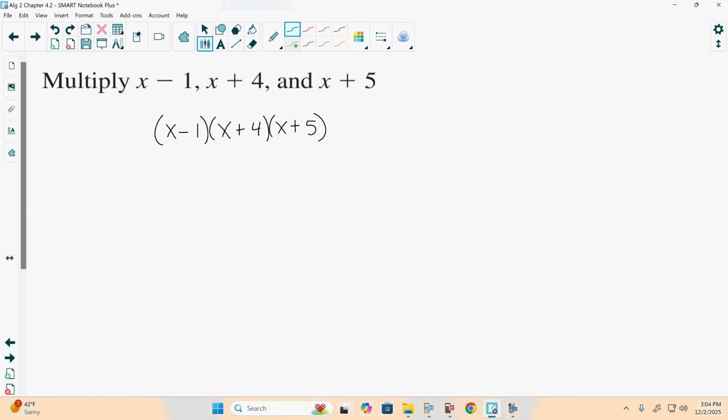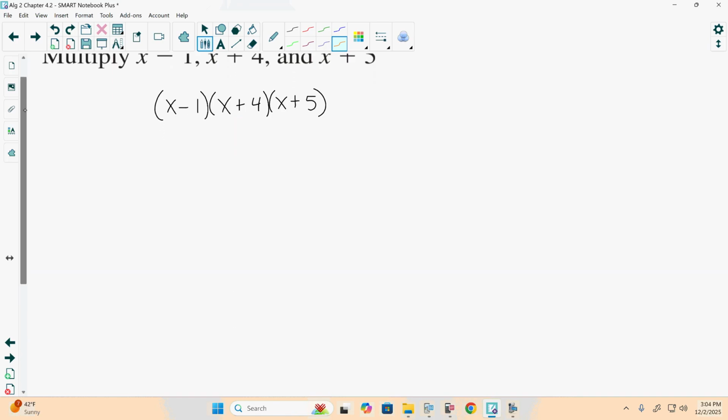And the order in which we multiply them doesn't matter. We can do x minus 1 and x minus 4 first. We can do the x plus 4 and x plus 5 first, or I wouldn't suggest it, x minus 1 and x plus 5. Doesn't matter which one we do first, we just got to multiply 2 of them together first.